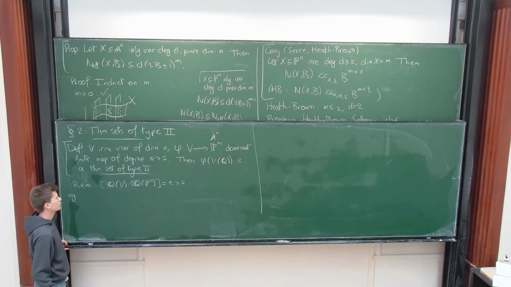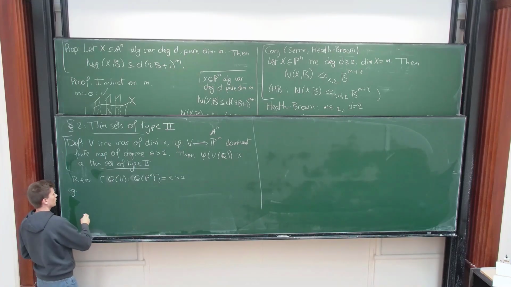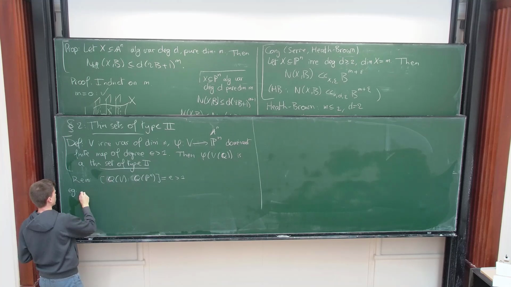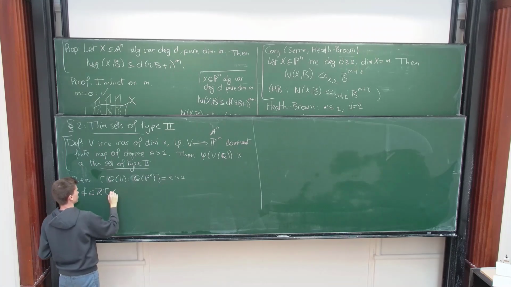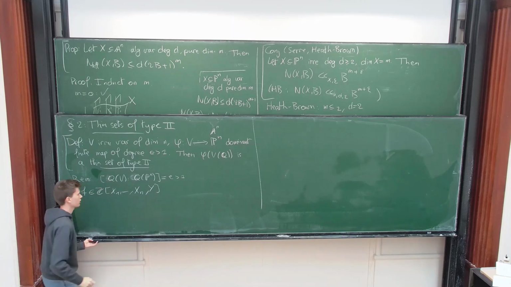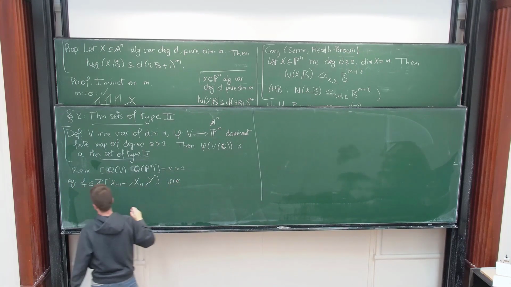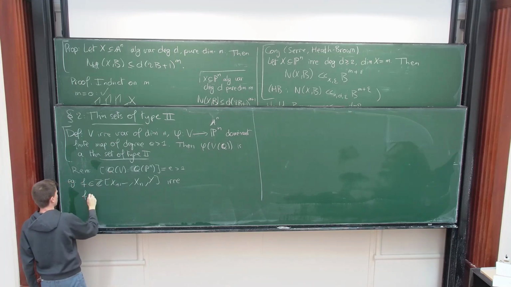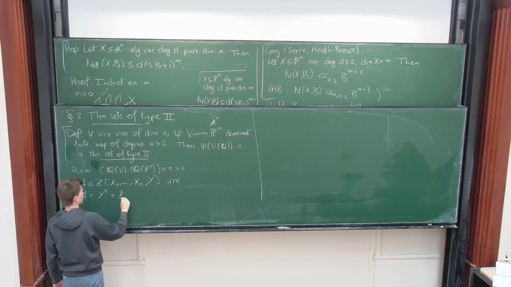So let me give you an example of a thin set in An, which will be related to solvability of certain polynomials over the integers or over Q. Let's take some polynomial f in variables x1 up to xn and y, irreducible, and let's say monic of degree e.